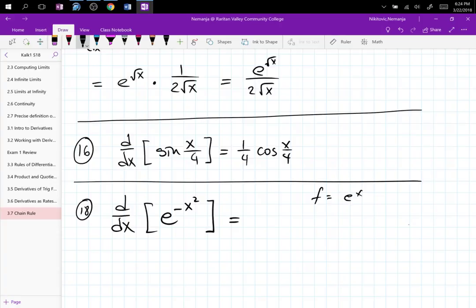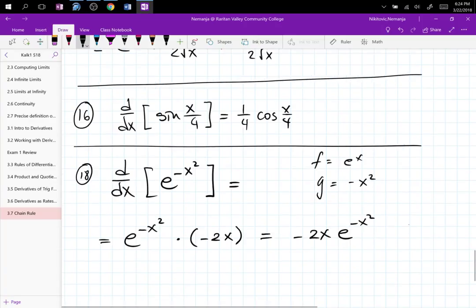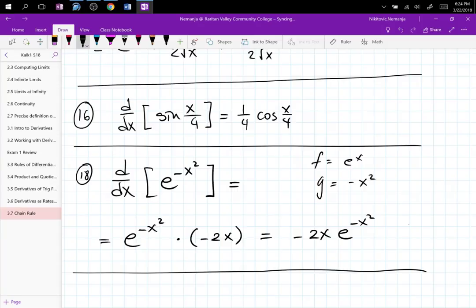Very good. And what's the inner function? So, for the derivative of e, we copy it as is times the derivative of the exponent, for a total of negative 2x e to the negative x squared. So, observe that in every example, when you take the derivative of the first part, g of x stays the same.